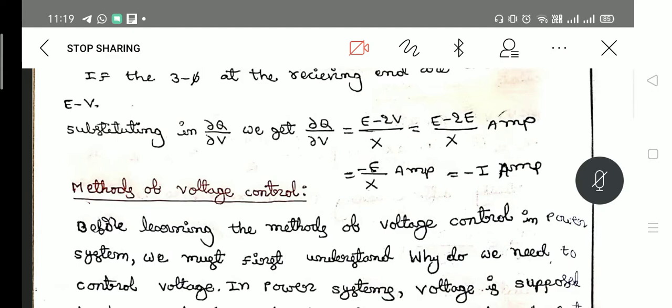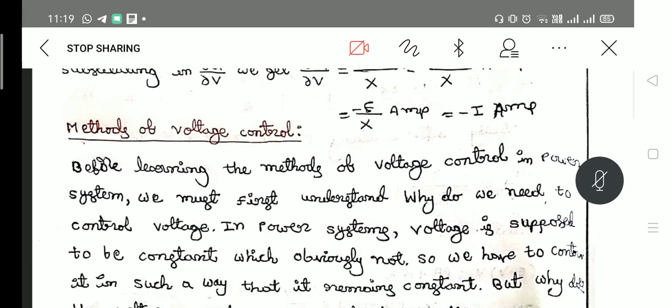Next I am going to the methods of voltage control. Before learning this, we control the power system by using the constant voltage method. Why are we maintaining constant voltage? Only by maintaining constant voltage can we get a more efficient power system.